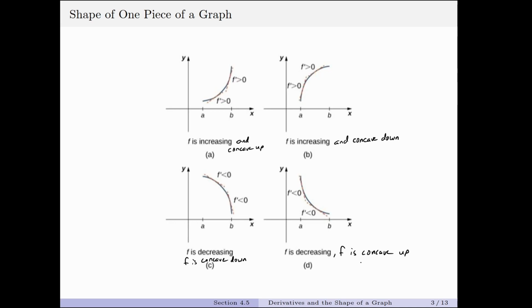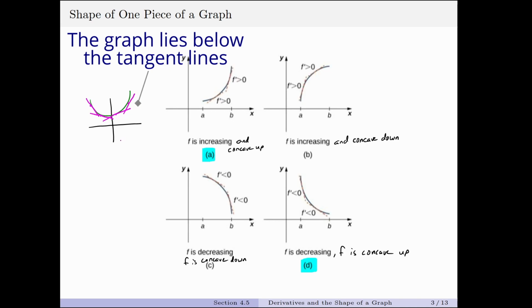Another way that you can think about concave up and down: if I look at these pieces of the graph that are concave up, so A and D here are concave up, and I draw a graph that's concave up and look at the tangent lines to that graph, you'll notice that the graph is on top of its tangent lines.